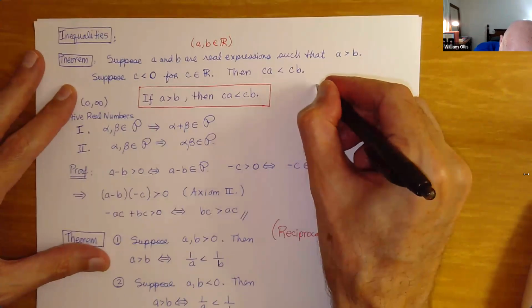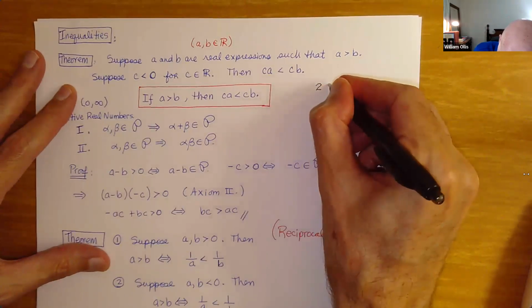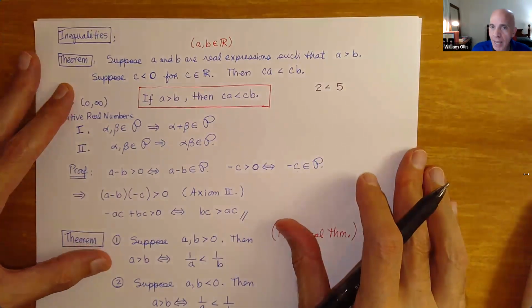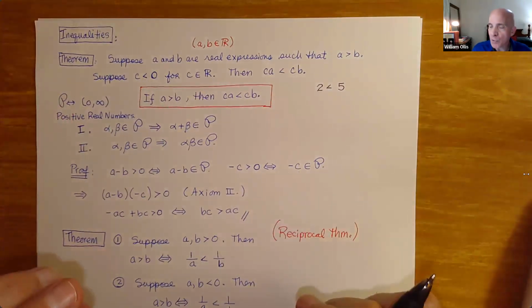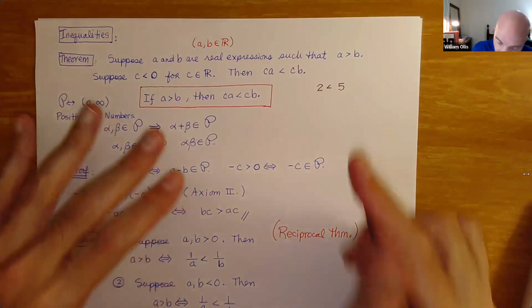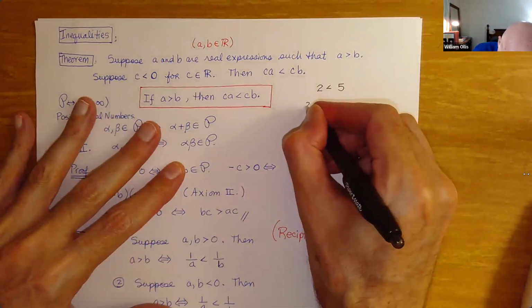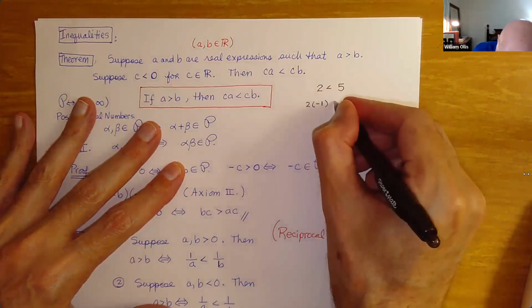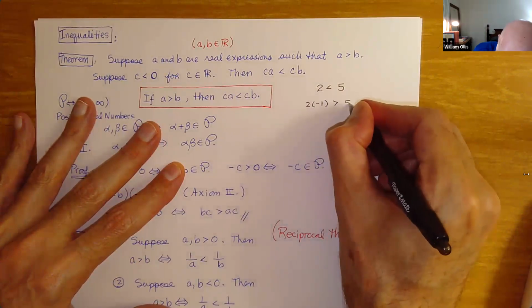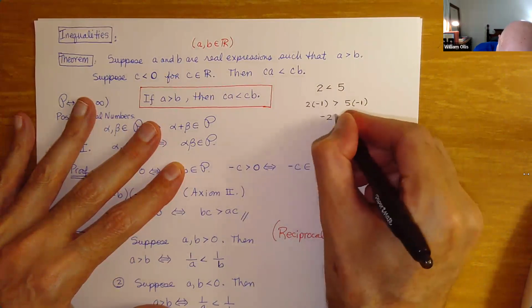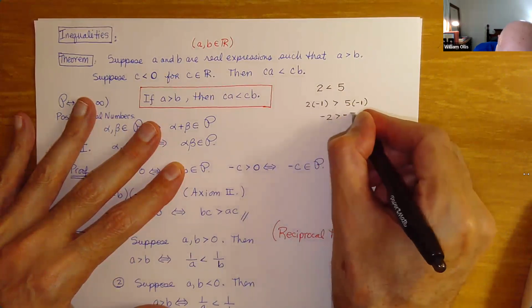Say we have 2 is less than 5. Very simple example, and just using numbers. And then if we multiply by a -1, so 2 times a -1 should be greater than 5 times a -1, or -2 greater than -5.